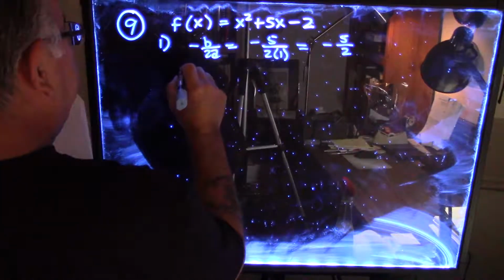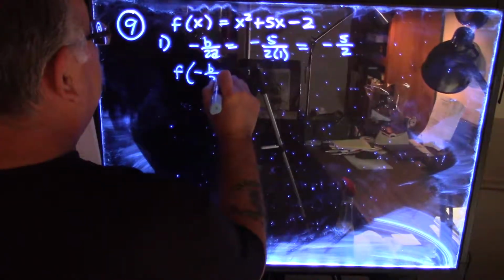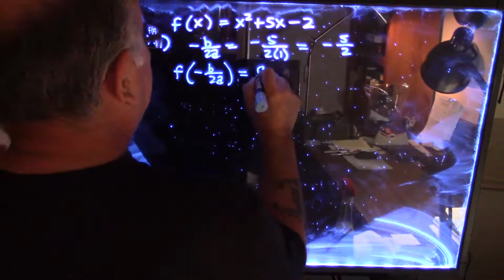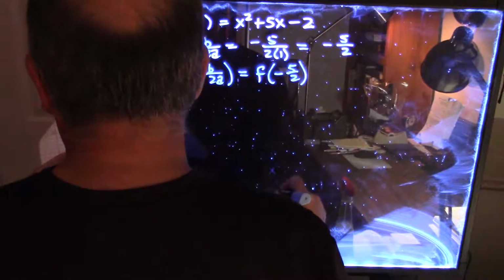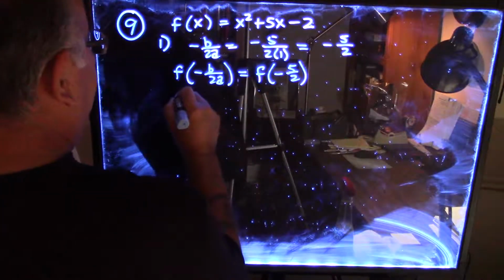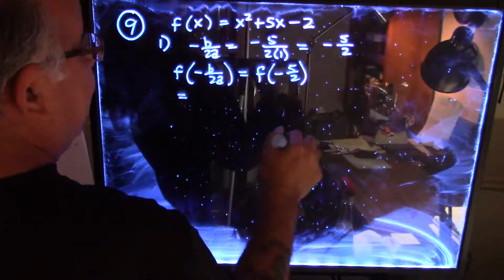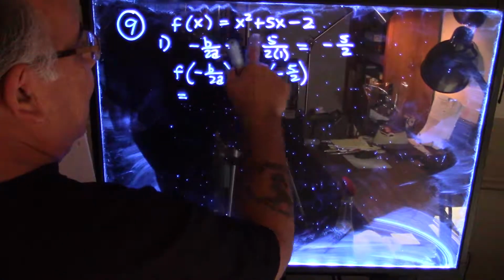And then we evaluate f of negative b over 2a. So that's f of negative 5 halves. And that equals, I think I'm going to write this out. Now here's a case where it's not too pleasant to evaluate this.